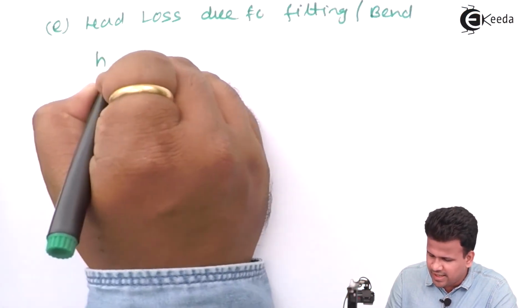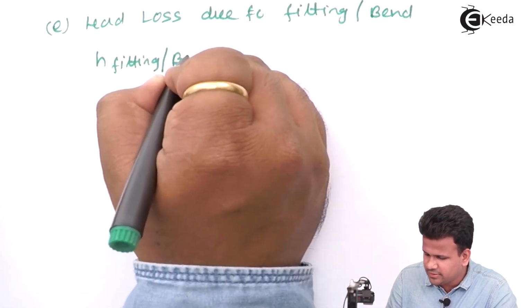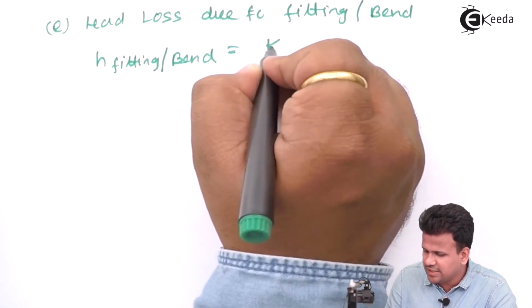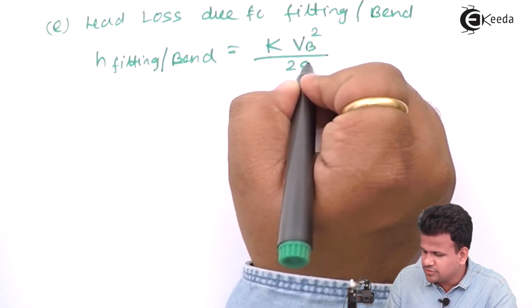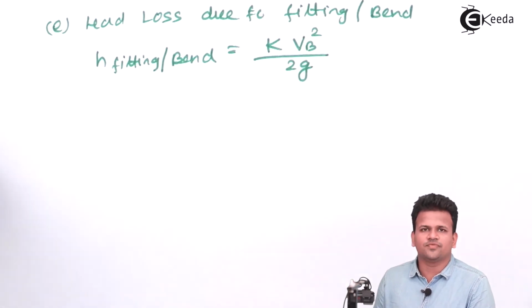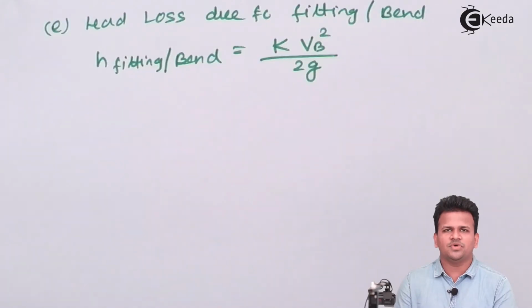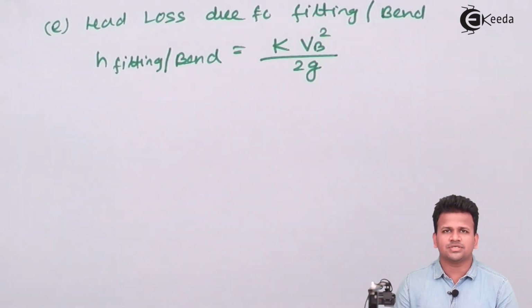It is given as K into VB square by 2g. This is the head loss due to fitting and bend. I hope you have understood the different types of losses, that is major losses and minor losses. We'll use all these formulas of major and minor loss for solving problems on compound pipes. Thank you.